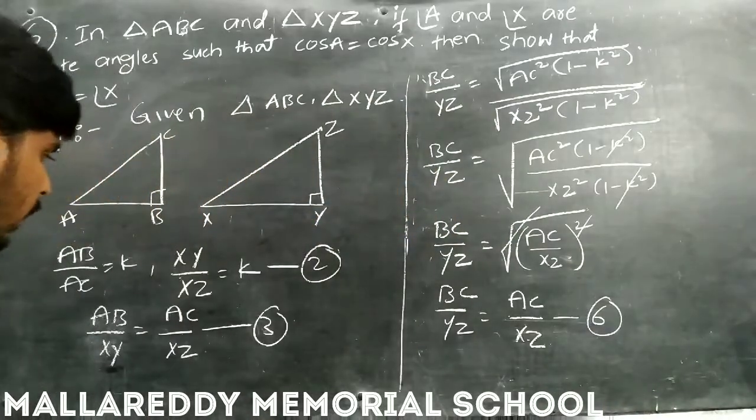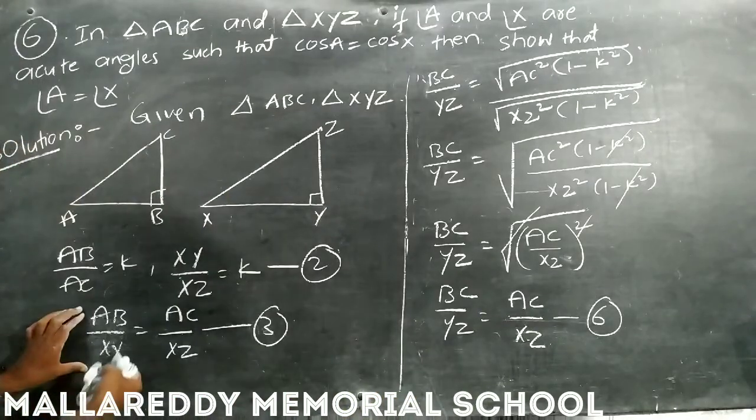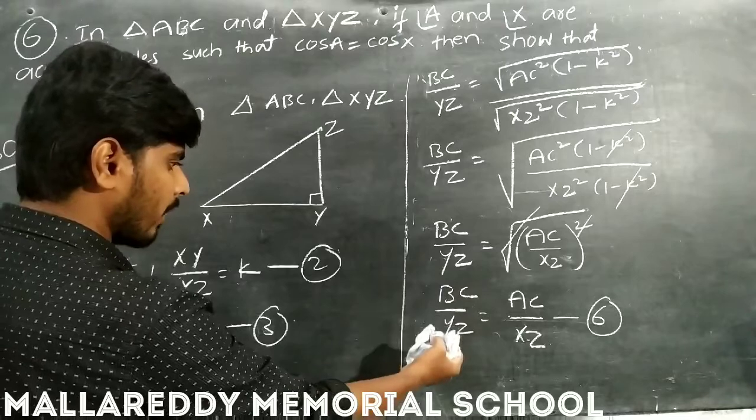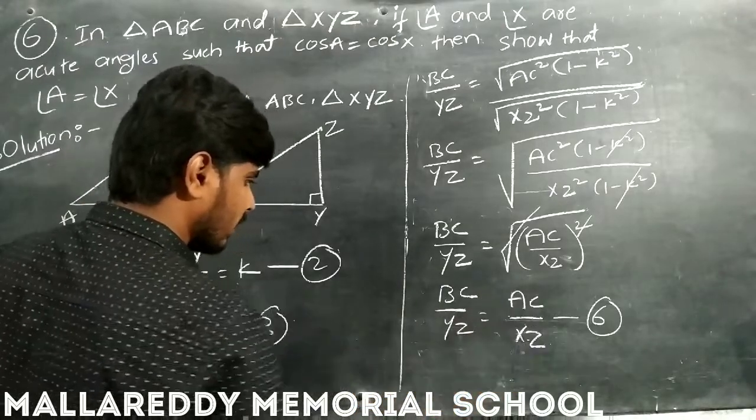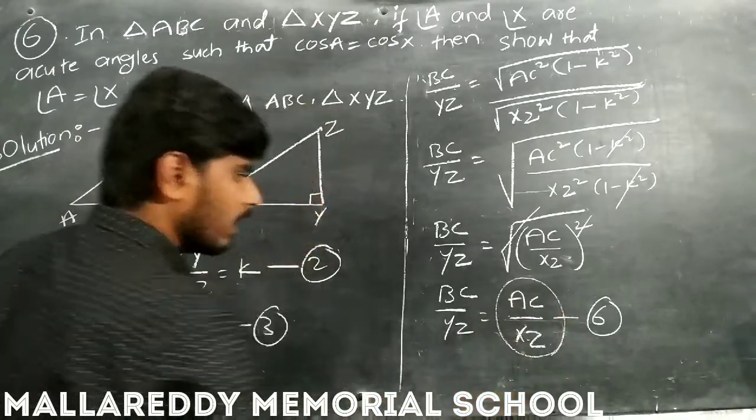Look at equation 3 and equation 6. Here AB by XY equals AC by XZ, and here BC by YZ equals AC by XZ. Here both the RHS are equal, isn't it?